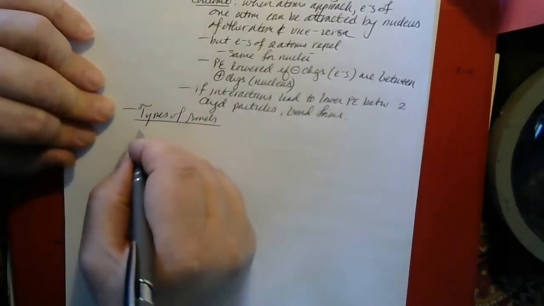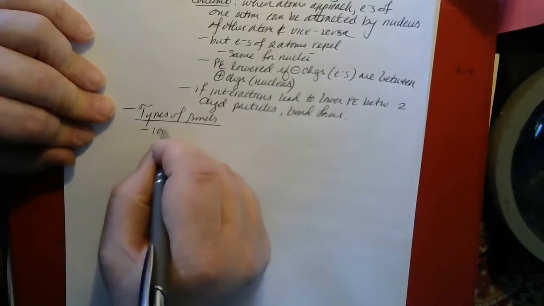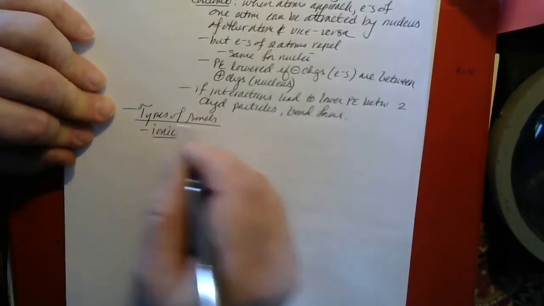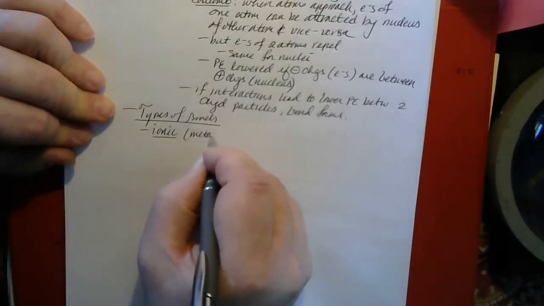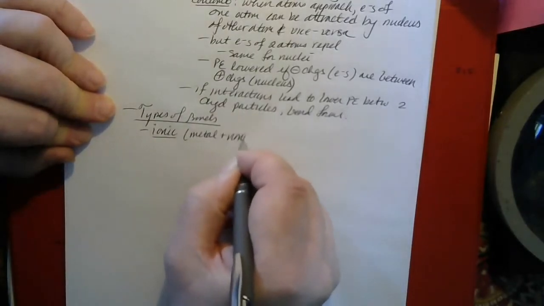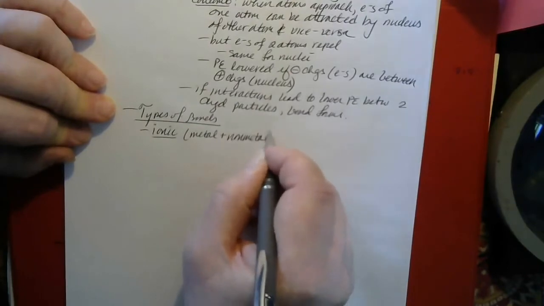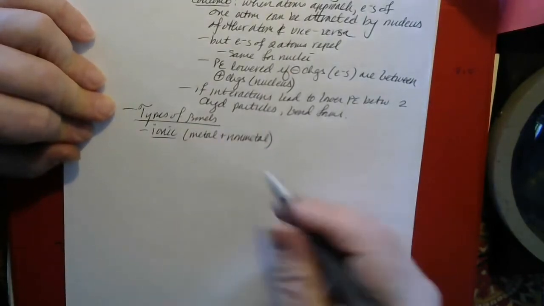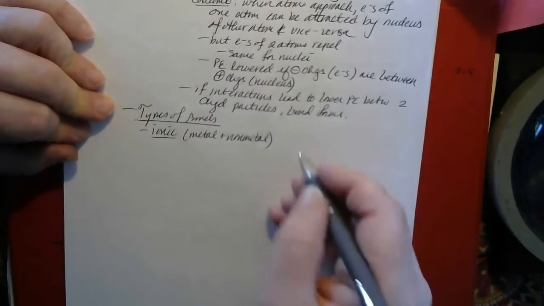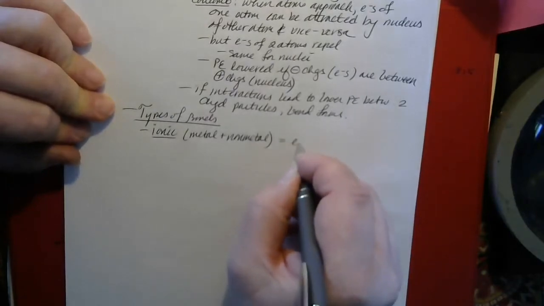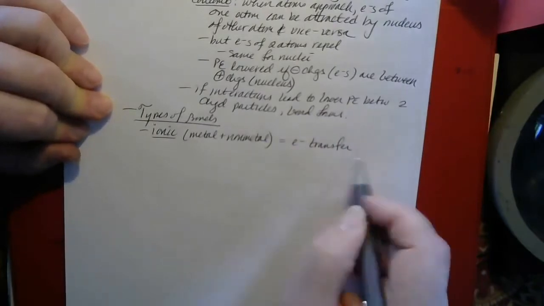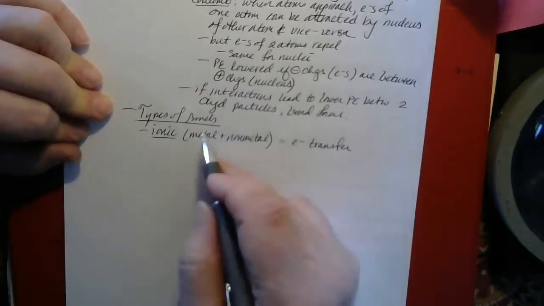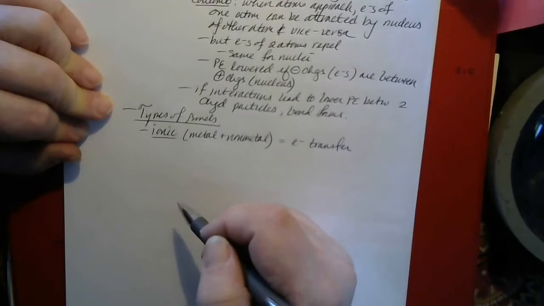The types of bonds would be some of the ones we're familiar with: ionic bonds, and that would be between metals and nonmetals. And that involves a transfer of electrons from the metal to the nonmetals.